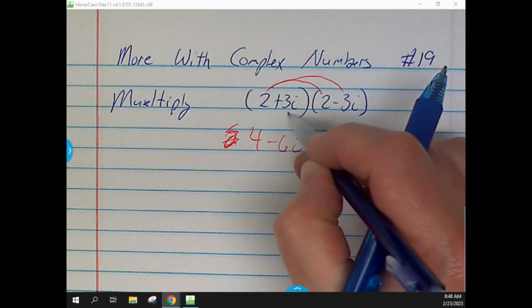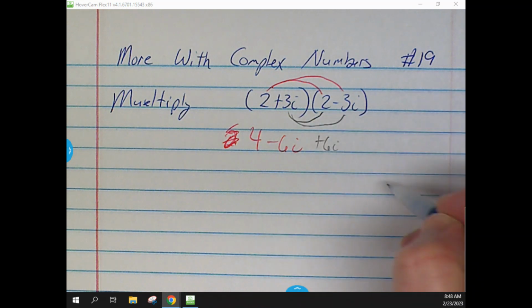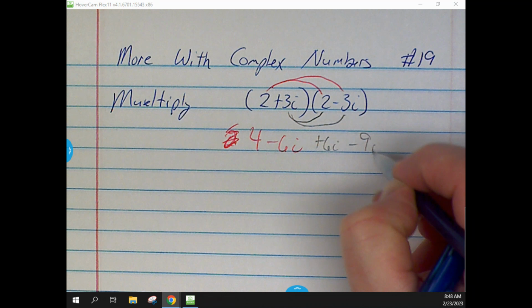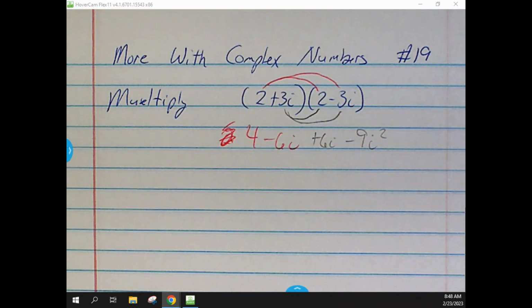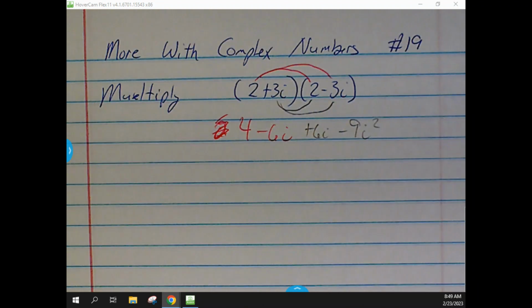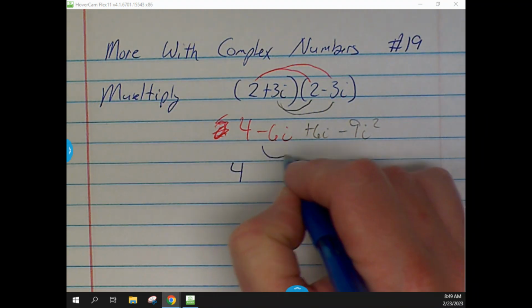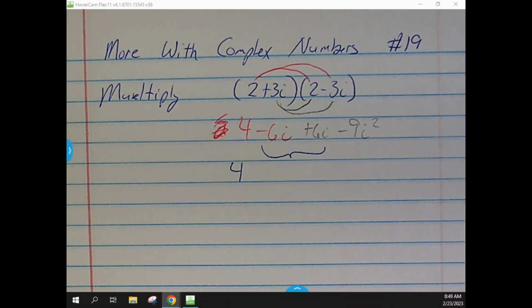And then when we go underneath, 3i times 2 is 6i. And then 3i times negative 3i is negative 9, and again, when you do i times i, it is i squared. So 2 big things are going to happen. You got your middle terms here. What happens when you do 6 minus 6? It's 0, right?